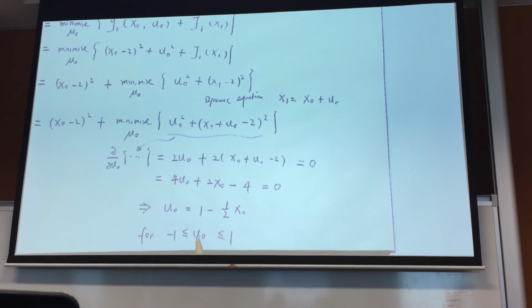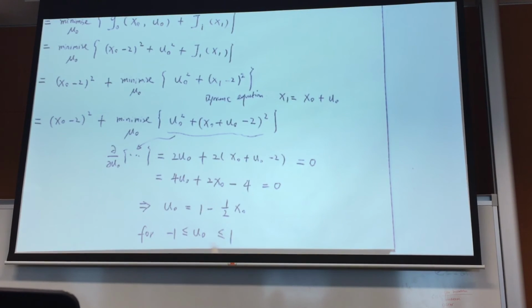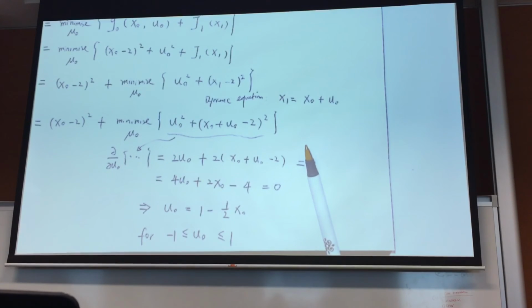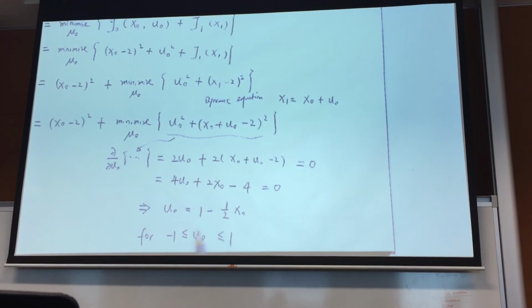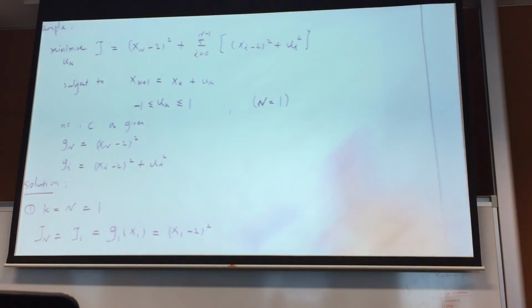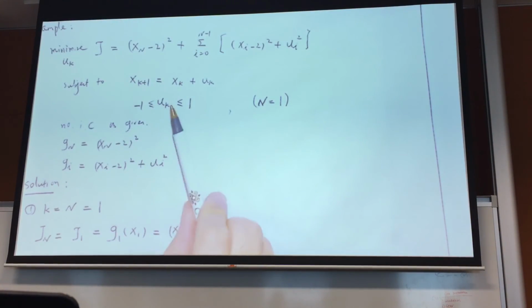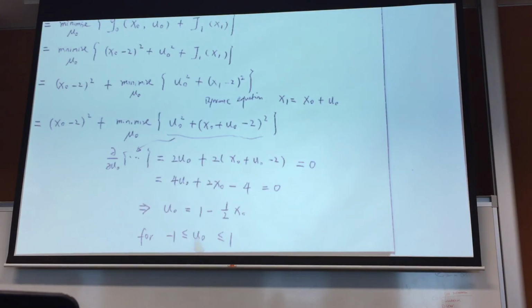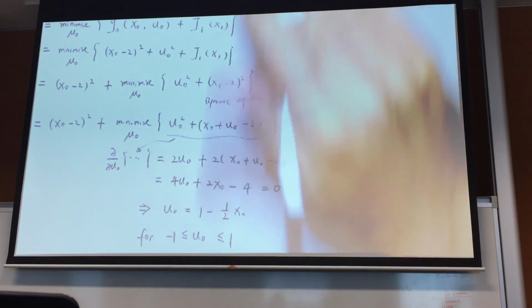If the u0 calculated by this equation satisfies the actuator constraint, then this will be the solution. However, if it doesn't satisfy the actuator constraint, then this will not be the solution, so we need to further discuss this.